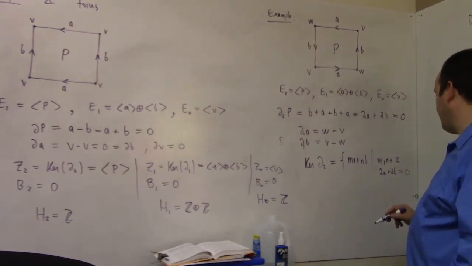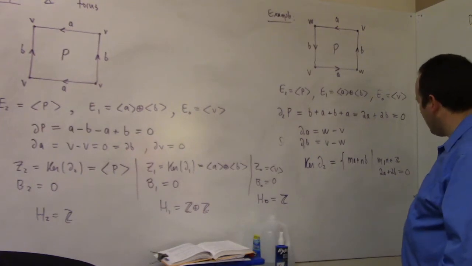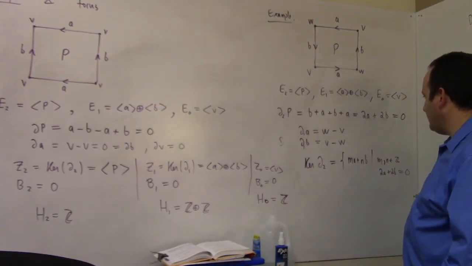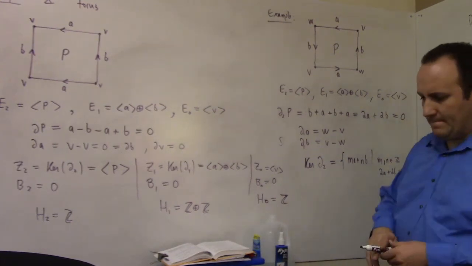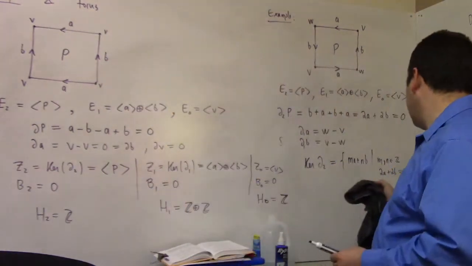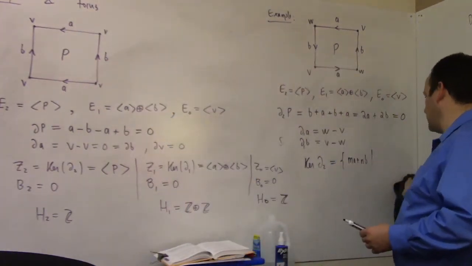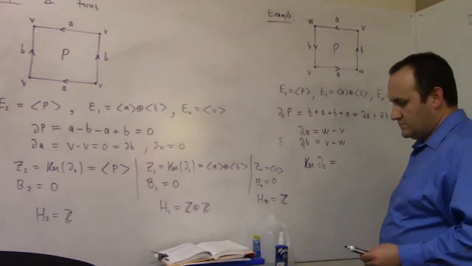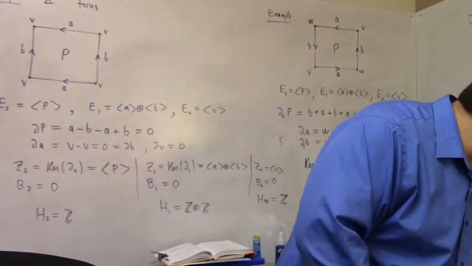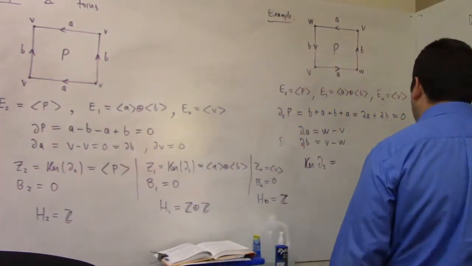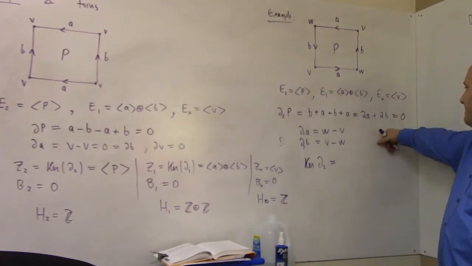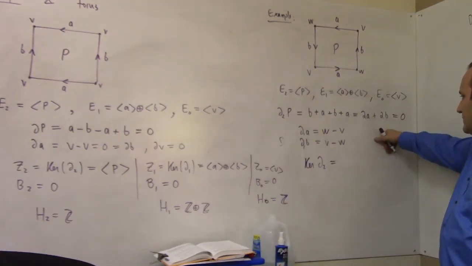The kernel of the boundary is going to be a subset of the group generated by P. Anytime it's some non-zero number times P, you're going to get some sum of A and B, which is never going to be 0, unless P is equal to 0, or unless it's 0 times P, I guess.